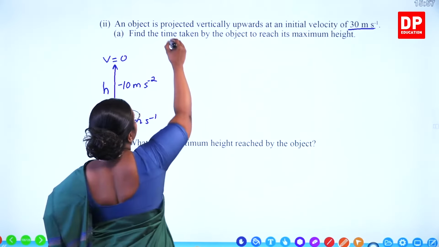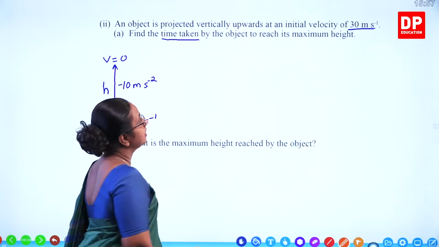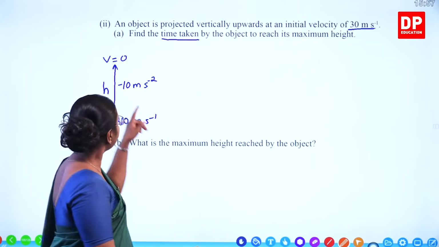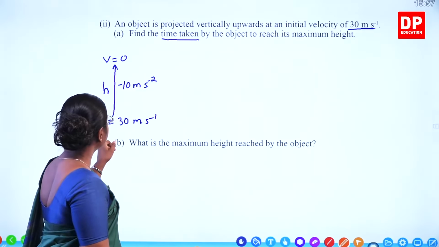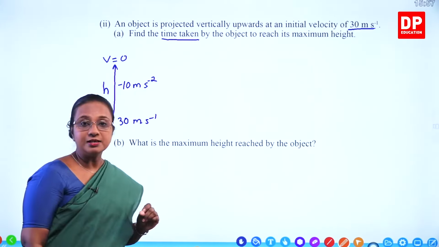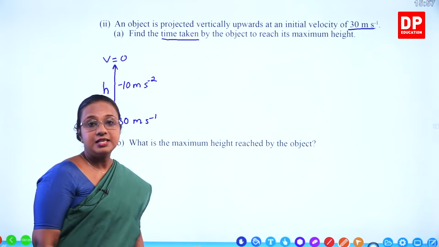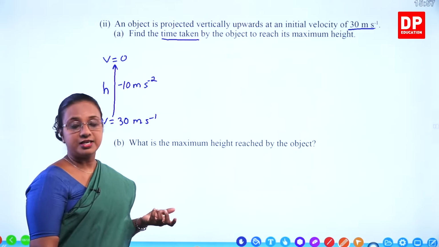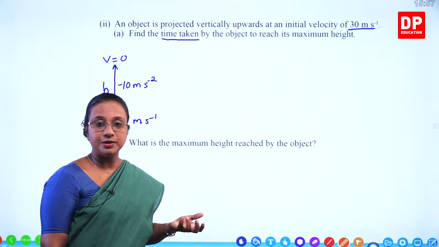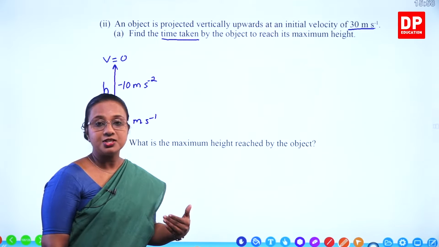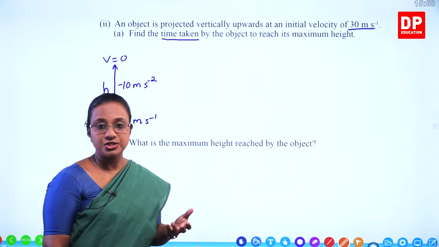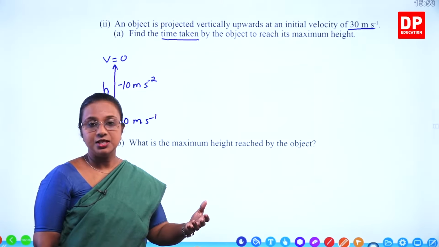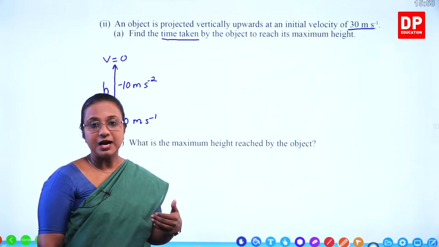So we need to find the time taken by the object to reach its maximum height. The values we know are the initial velocity, final velocity, and the deceleration. So if we write the equation for deceleration, or in other words acceleration, acceleration is the rate of change of velocity. So that is final velocity minus initial velocity divided by time.